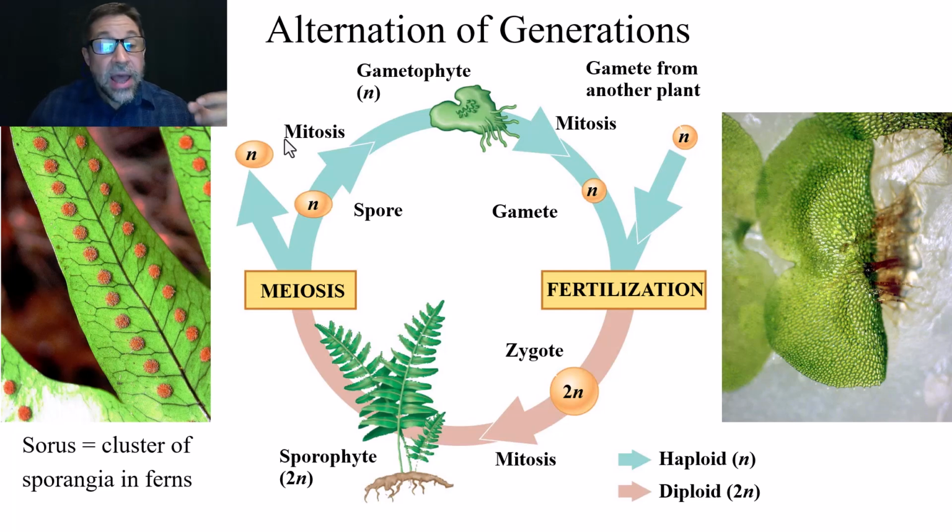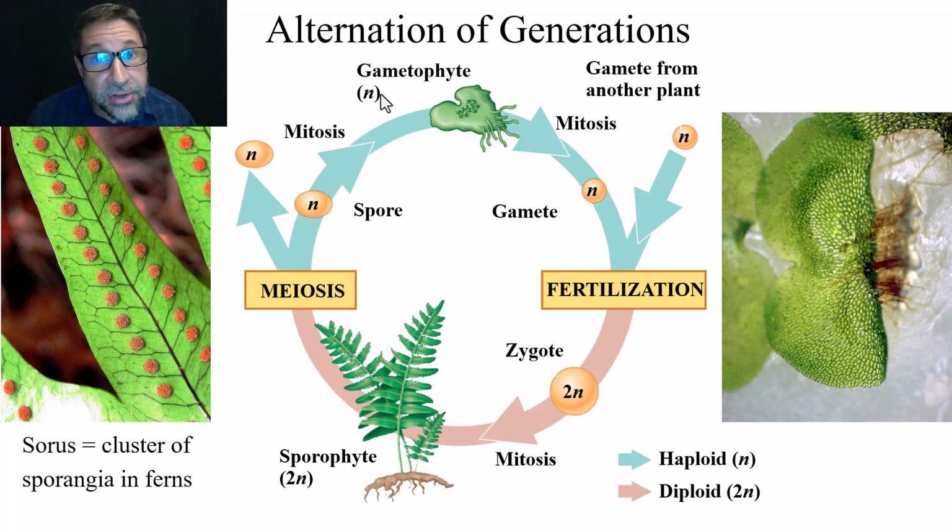And those haploid cells making copies of themselves are going to develop into a multicellular haploid body called a gametophyte. So this is a multicellular body in which all of the cells only have 1 copy of each chromosome.